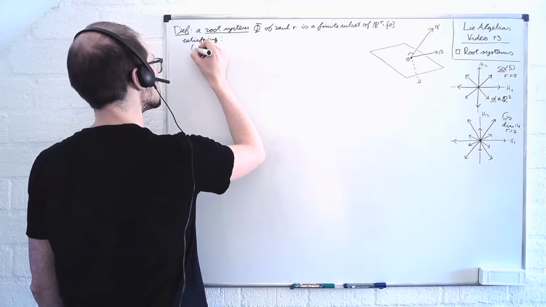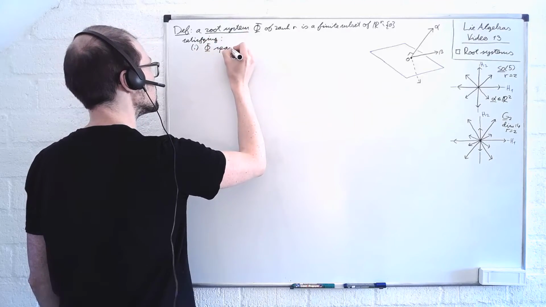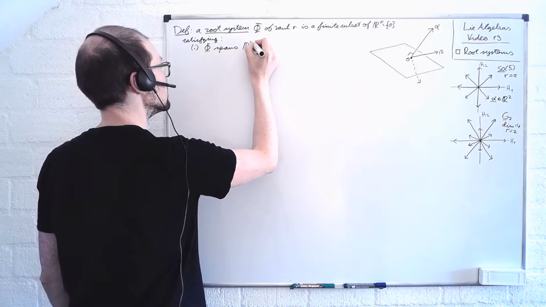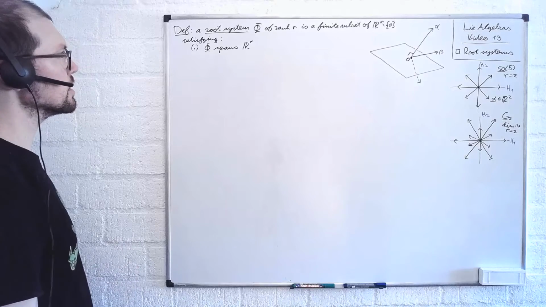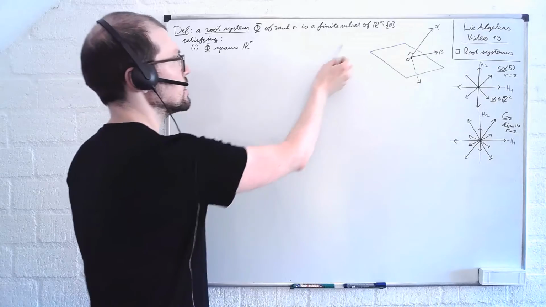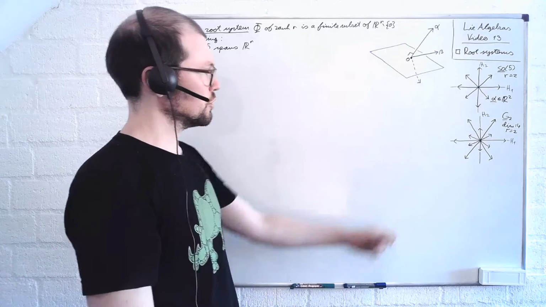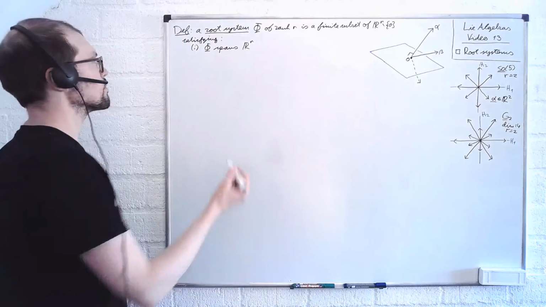So first of all, phi spans the real space. So if I take all these vectors, then by taking linear combinations I should be able to get any r-dimensional vector, which is certainly the case for these collections of vectors.